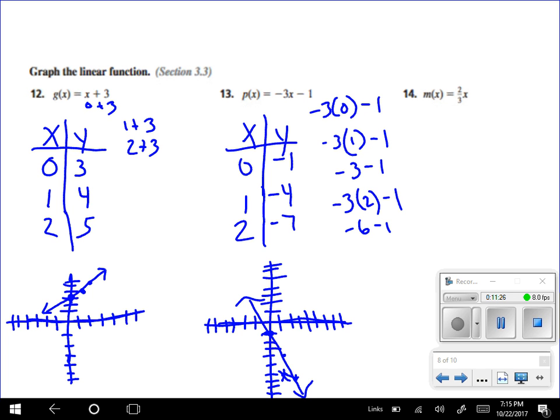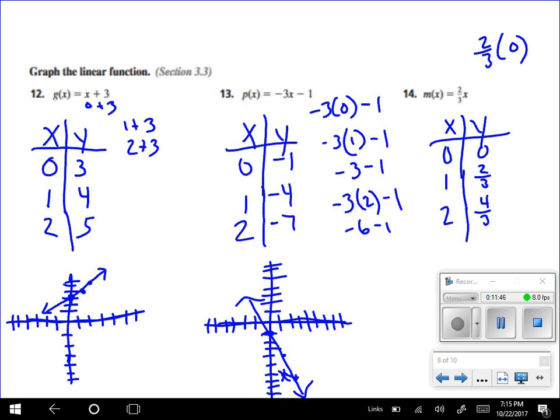Okay, and then the last one, so what we can do here, 0 would be 2/3 times 0, which is 0. 1 would be 2/3, because 1 times 2/3 is 2/3. And 2 would be 4/3, or 1 1/3.